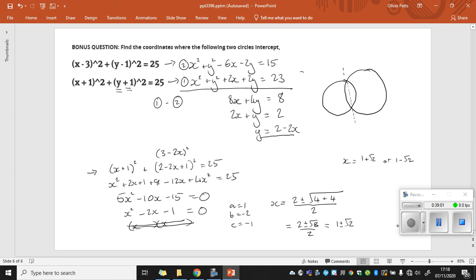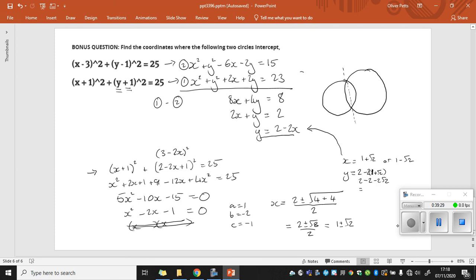Now instead of substituting this back into one of the circle equations, conveniently enough we can use the nice straight line equation to substitute into. So let's go for 1 plus root 2. We're going to have y equals 2 take away 2 lots of this, 2 lots of 1 plus root 2. So that's 2 take away 2 root 2.